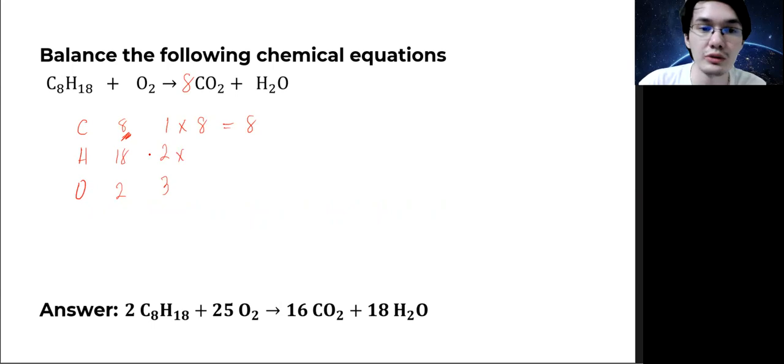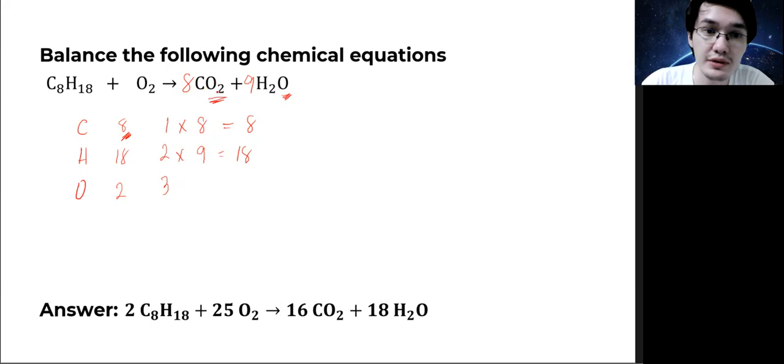What would we multiply so that the product side has 18 hydrogen atoms? So we multiply 9. So then there's 18 now. However, since we multiplied 8 and 9 to the product side, the number of oxygen atoms on the product side is now affected also.